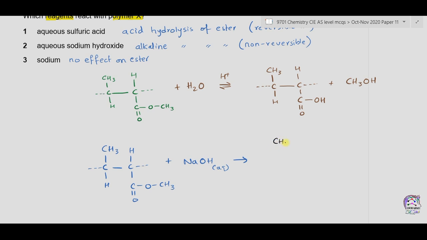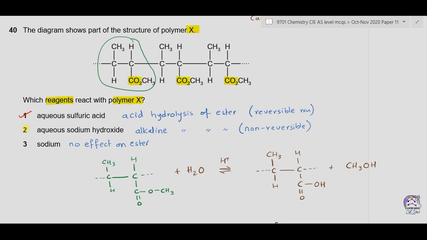Product will be CH3, along with methanol. As option 1 and 2 are correct, therefore answer is B.